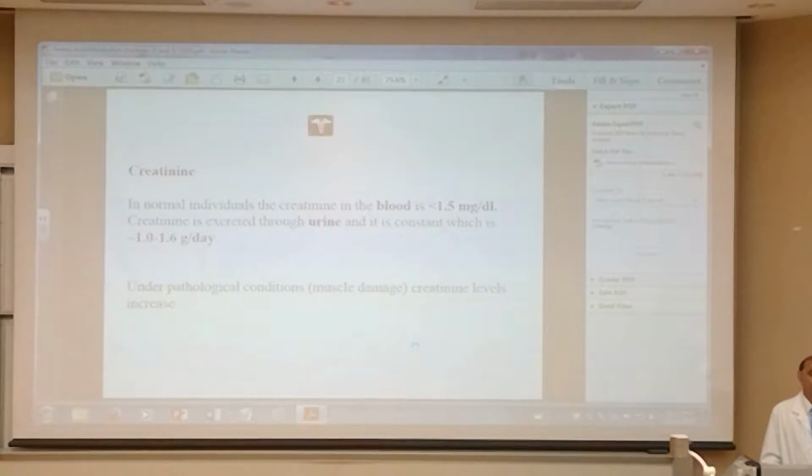Okay, so very important. Creatinine is a waste product, it's not useful, and you can measure that in the blood, and under pathological conditions they go up, but normally it's 1.5 milligrams per deciliter in the plasma, but in the urine it's much higher, 1 to 1.6 grams.